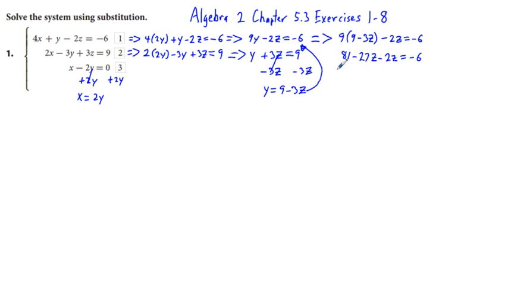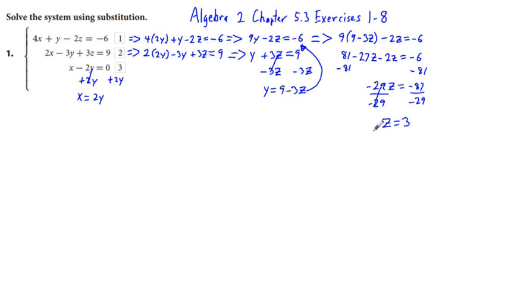And then subtracting 81 from both sides of the equation, we have negative 27z minus 2z. Well, that's going to be negative 29z is equal to negative 87. And dividing by negative 29, we have z is equal to 3.